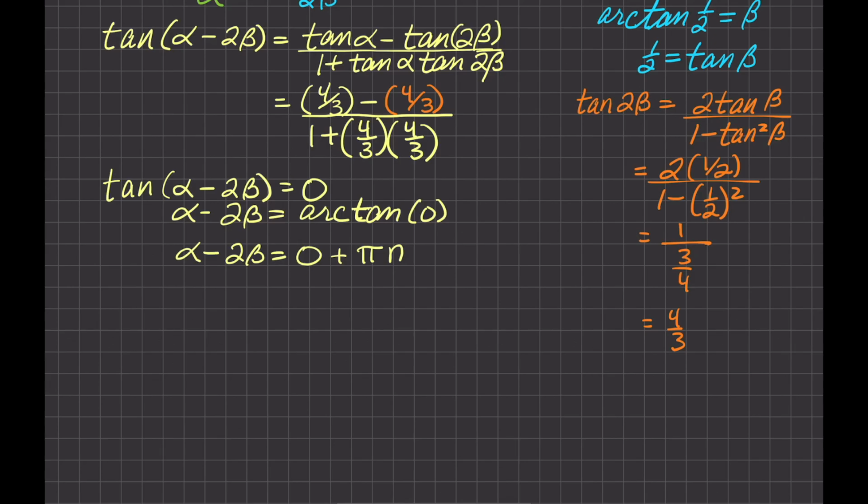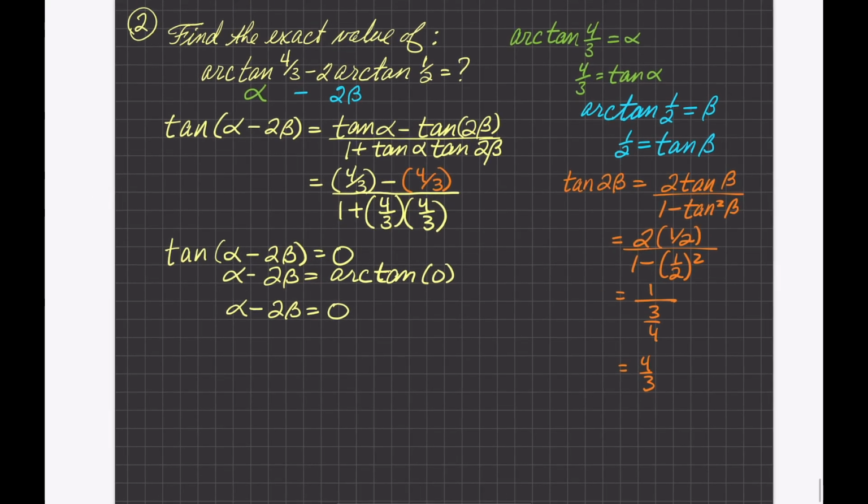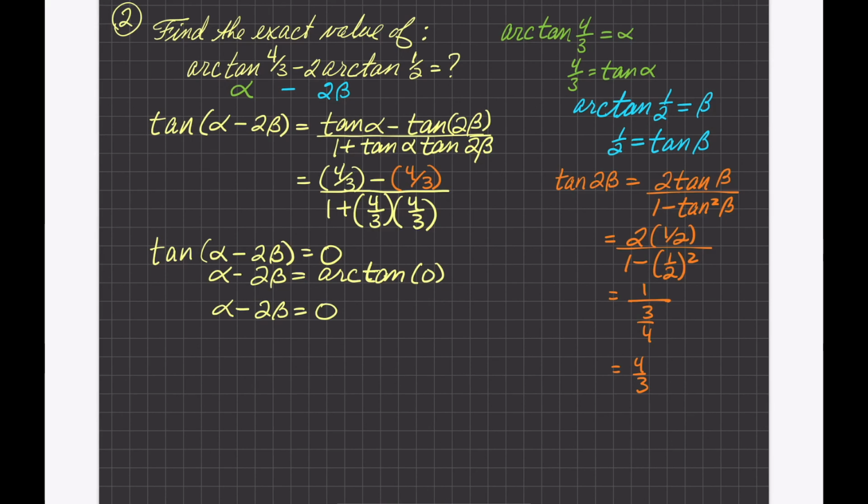So we have that alpha minus 2 beta is equal to 0. And, wait a minute here, we defined, or sort of said, let the arctan of 4/3 equal alpha, and probably for good measure I should have that in my work here. We're going to let arctan of 4/3 equal alpha to work through this problem.